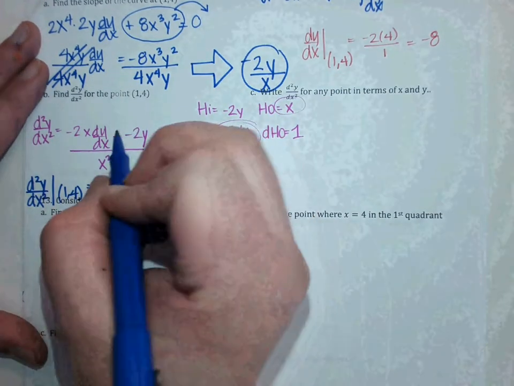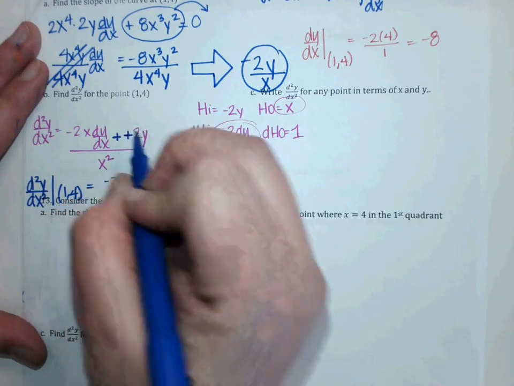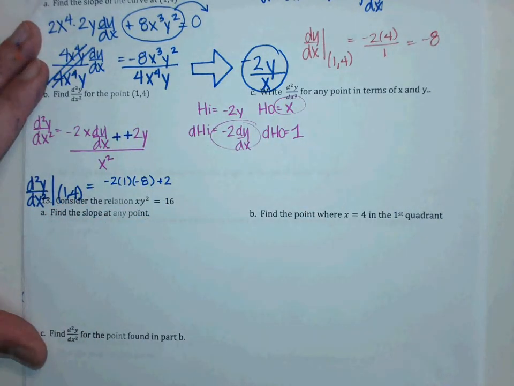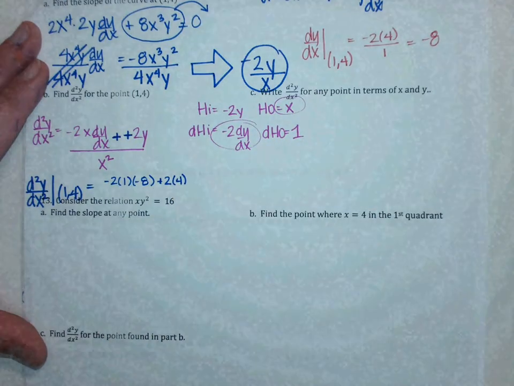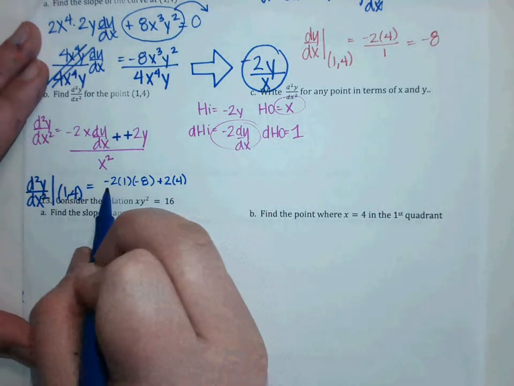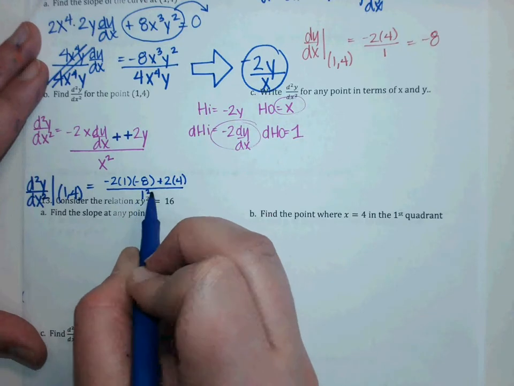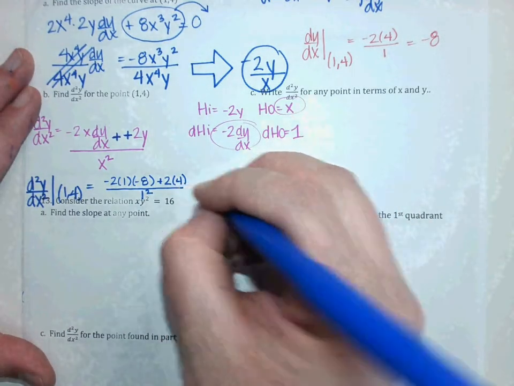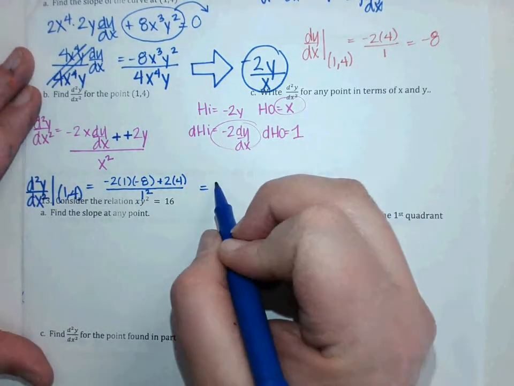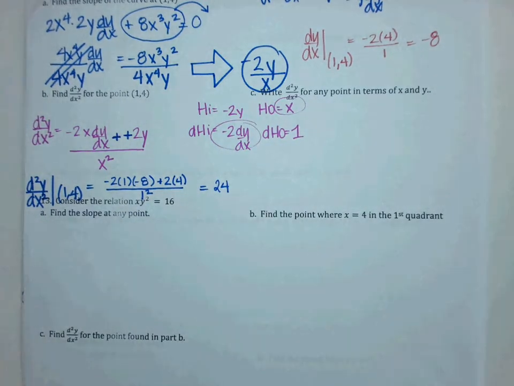Double negative, what can happen here? So really that's a plus. And then 2 times y is 2 times 4, all divided by x squared, x is 1 squared. So on top, I have 16 plus 8. How much is that? 24. Overall, what's your concavity? Up.